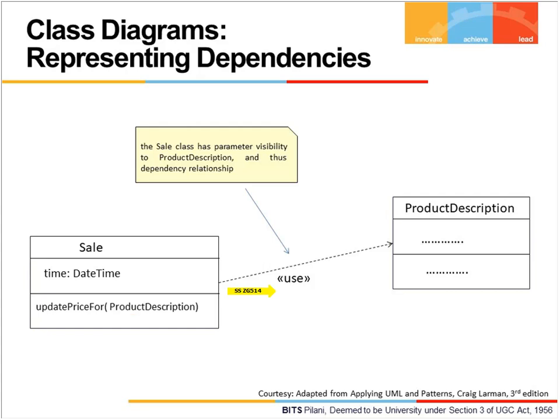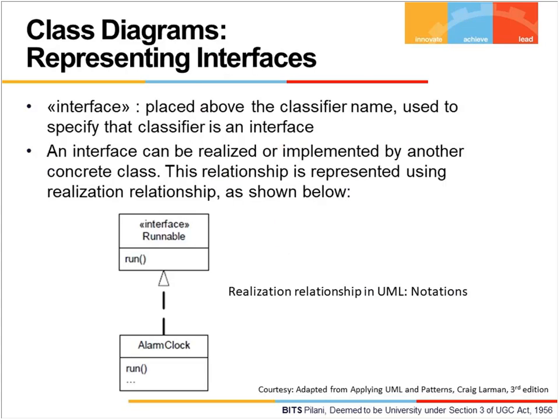Okay, let's move ahead. What is the other kind of dependency relationship that can be modeled? The other kind of dependency relationship is the implementation relationship, which we also call the realization relationship. This kind of relationship exists between a class and an interface, right?